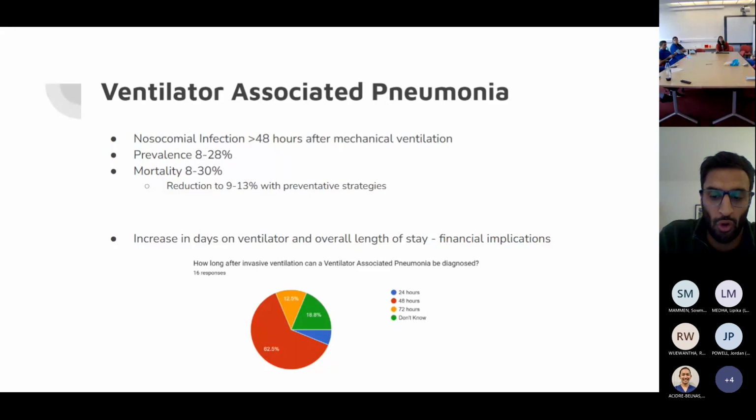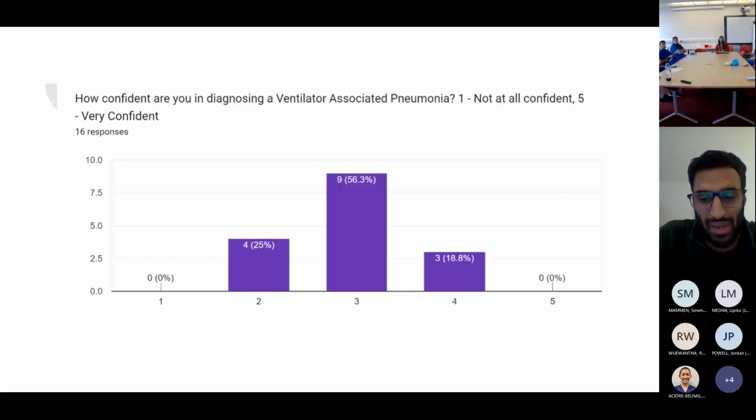So that knowledge was there, but people weren't all that confident about diagnosing ventilator-associated pneumonias. I think most of the people that answered my questionnaire were a little bit hesitant and not so confident about what it takes to diagnose a ventilator-associated pneumonia.